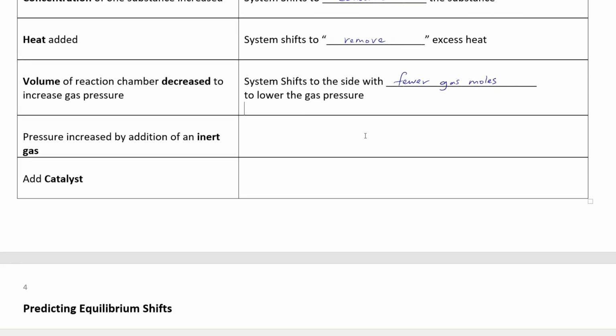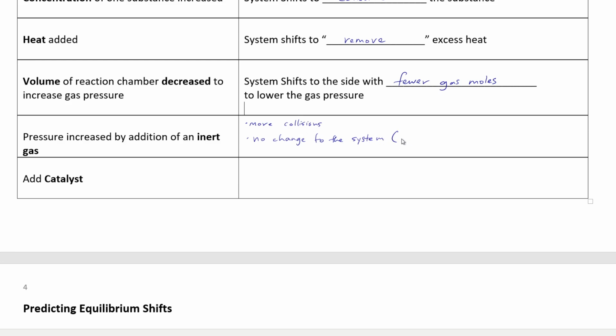You can also increase the pressure by the addition of an inert gas. This results from adding more gas particles, okay? However, these are gas particles that are not reacting with anything. There are definitely more collisions, however there will be no change to the system.